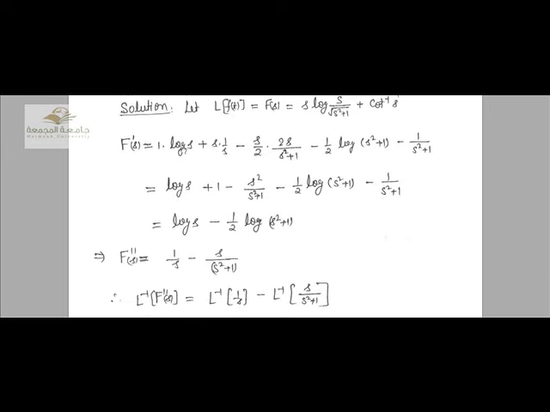So f'(s) = 1 times log s + s times 1/s - (s/2)(2s/(s^2+1)) - (1/2) log(s^2+1) - 1/(s^2+1). This is equal to log s + 1 - s^2/(s^2+1) - (1/2) log(s^2+1) - 1/(s^2+1).